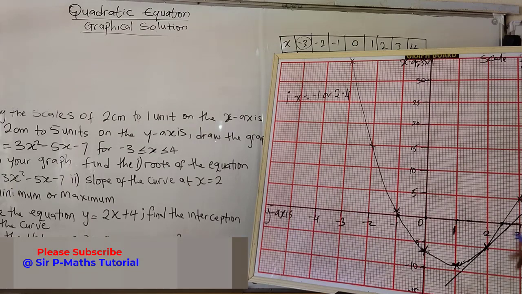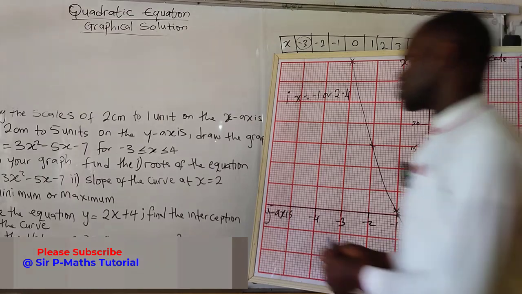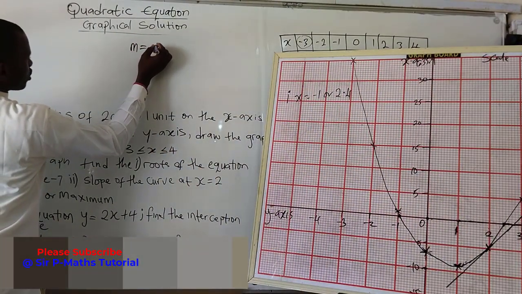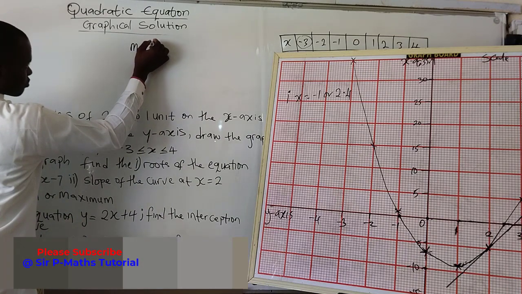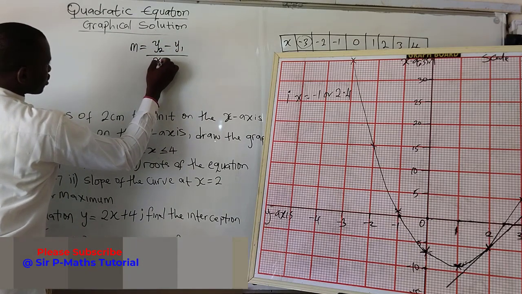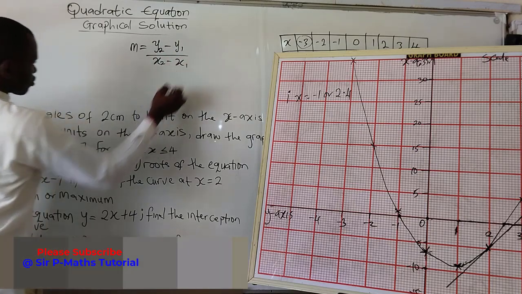Having drawn the tangent, the next thing I'll do is to pick any 2 points on this tangent and trace them to the x and y axis so that I can get the values for x and y, which I will use to get the slope. Recall that the slope of a quadratic graph says y2 minus y1 over x2 minus x1.